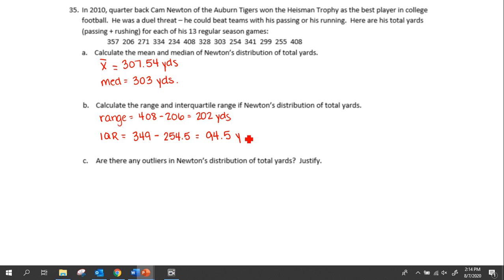And then it asks if there are any outliers. So we'd have to calculate our lower and upper bounds. So my lower bound would be 254.5 minus 1.5 times 94.5, which is 112.75.